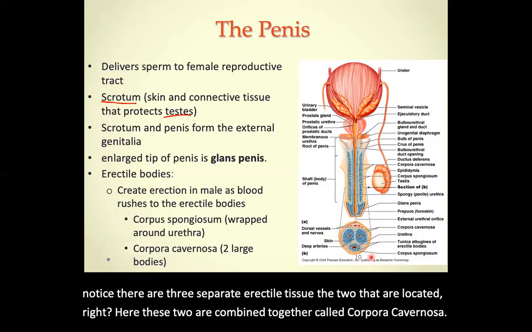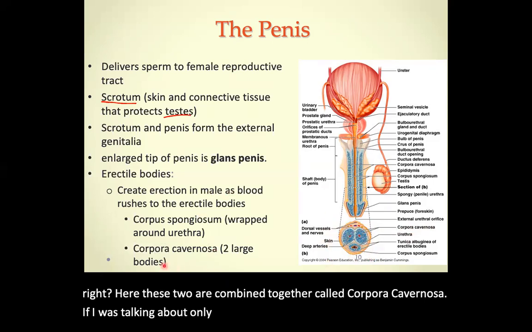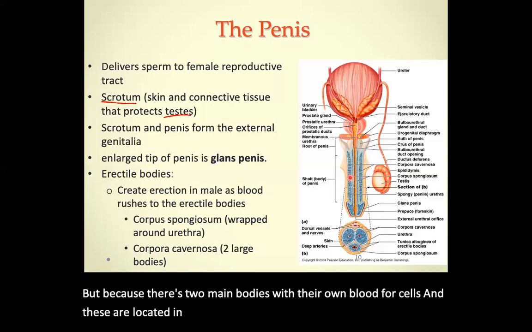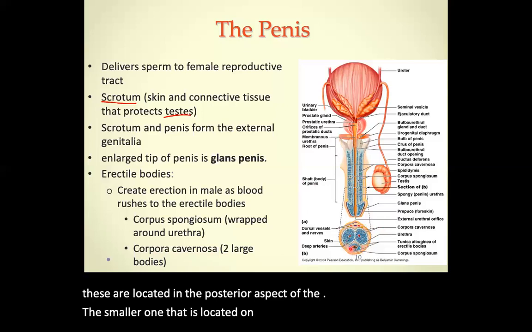If I was talking about only one of them, it would be corpus cavernosum. But because there's 2 main bodies with their own blood vessels, and these are located in the posterior aspect of the penis, they're called corpora cavernosa. The smaller one that is located on the anterior aspect of the penis is referred to as the corpus spongiosum.